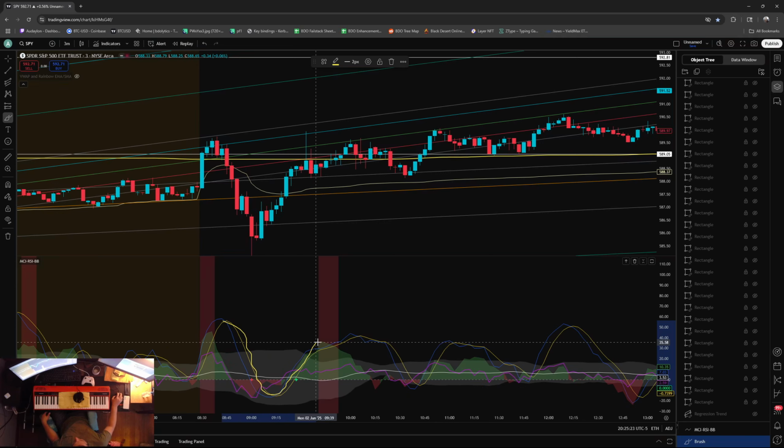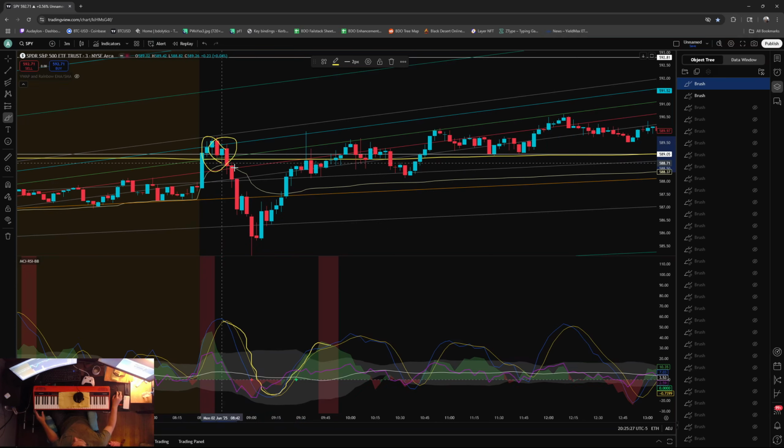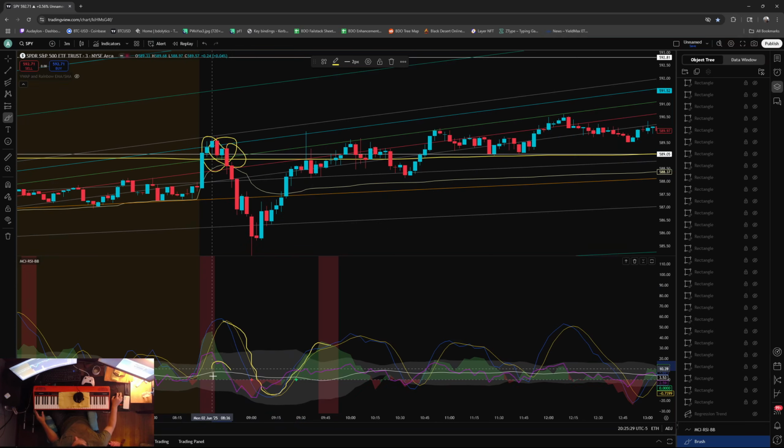And a cross up, right? So perhaps you buy a put on a cross down of the RSI through a slow RSI. So you take a fast RSI and a slow RSI and you put them on the same line, and voila, you have crossovers. This is not rocket science.